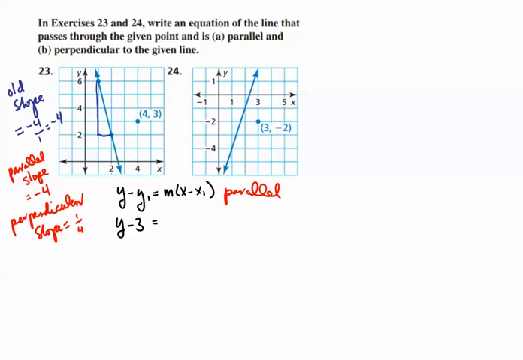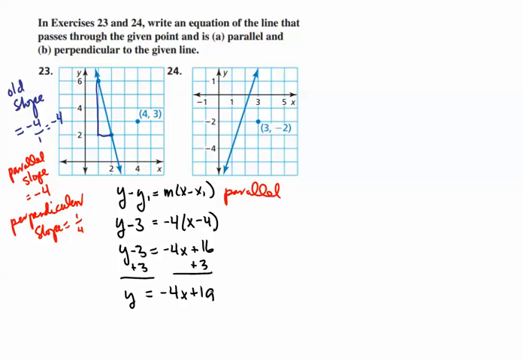For parallel slope, I have -4 times x minus 4. y minus 3 is equal to -4x. -4 times -4 is +16. Add 3, and I get y is equal to -4x plus 19. So that is my parallel line.